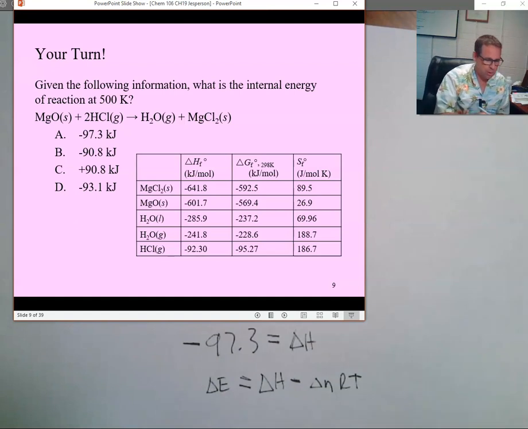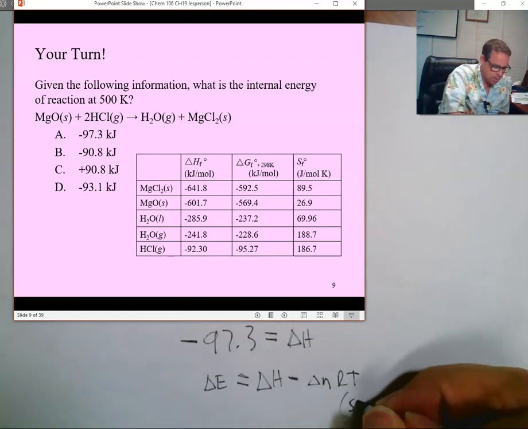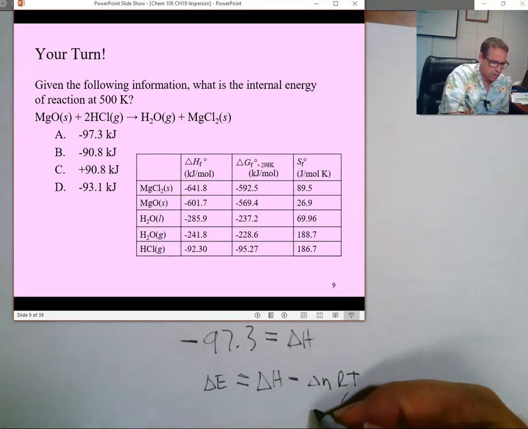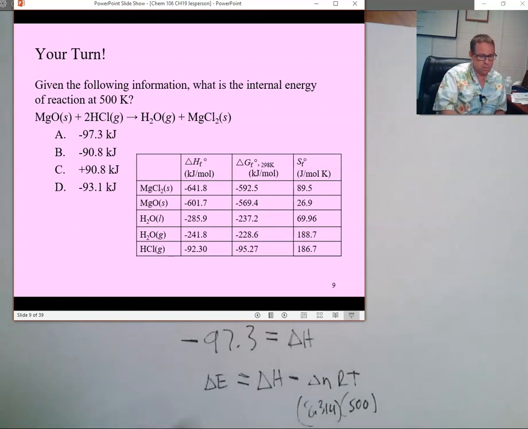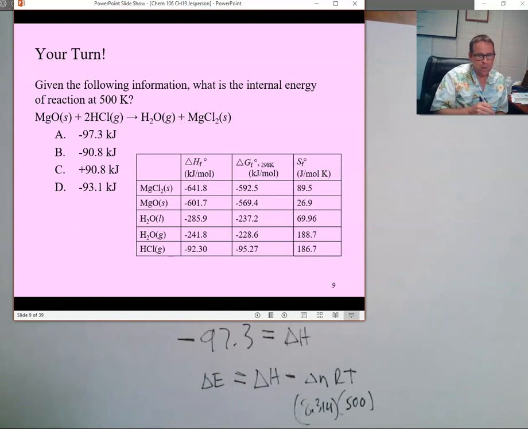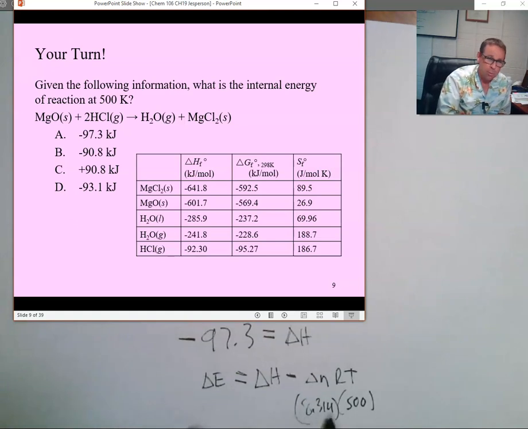Okay, 500 Kelvin, so that's nice. It goes right there, 500 Kelvin. R, 8.314. Okay. Now, we should have one little tiny conversation about this 8.314 here.